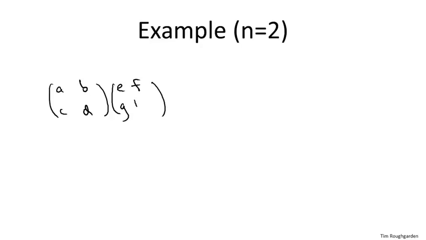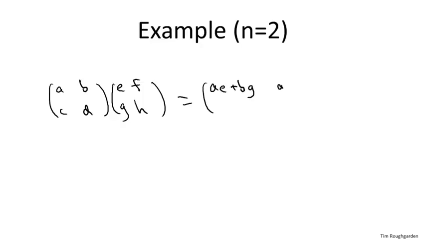Now, what's the result of multiplying these? Where again, it's going to be a 2 by 2 matrix where each entry is just the corresponding dot product of the relevant row of the first matrix and column of the second matrix. So to get the upper left entry, we take the dot product of the upper row of the first matrix and the left column of the second matrix. So that results in AE plus BG.